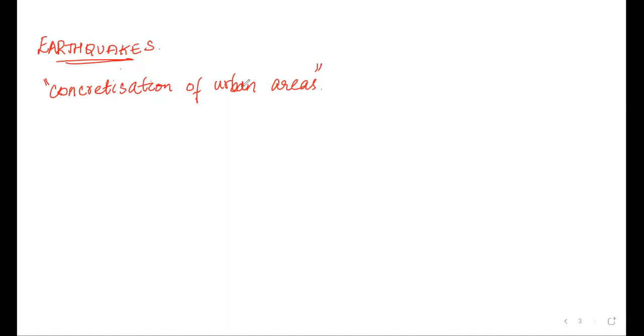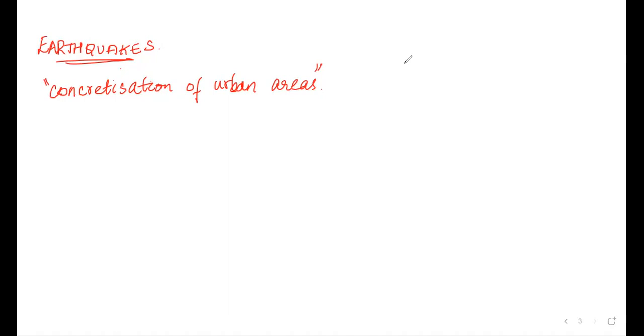Huge destruction, and especially the destruction effect will be more multiplied in the case of what? In the case of my city centers. Say an earthquake is going to happen in a village, and an earthquake is going to happen in a town, in a city like Chennai or Delhi, where will the intensity or the effect of the disaster be maximum?